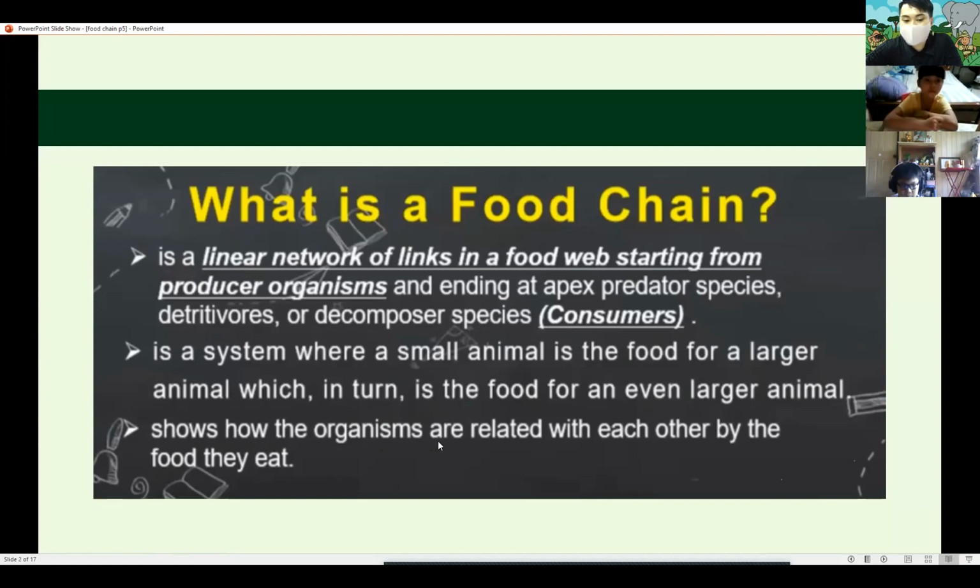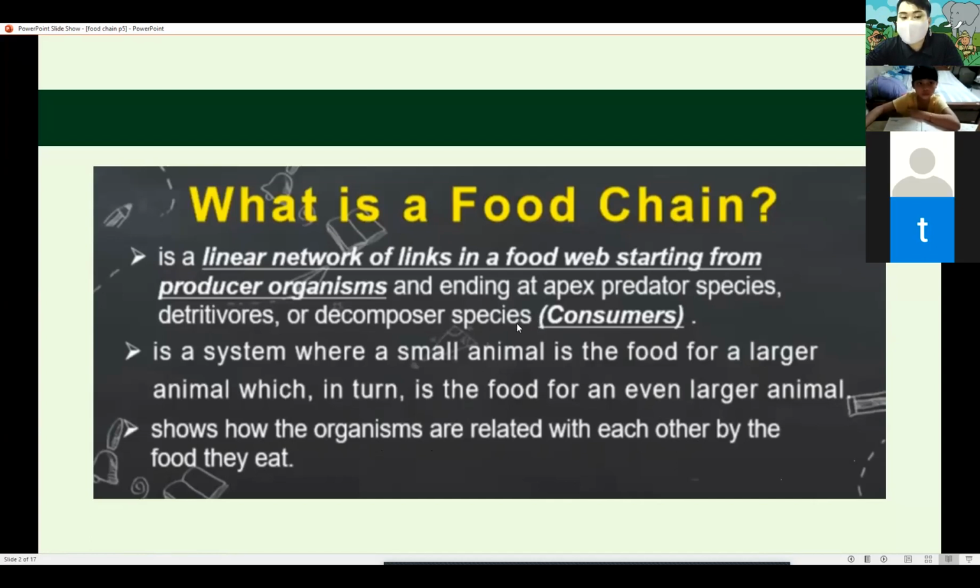It shows how the organisms are related with each other by the food that they eat. So this one is a linear network that shows who will be eaten by.